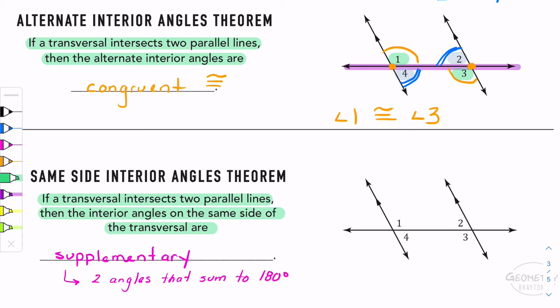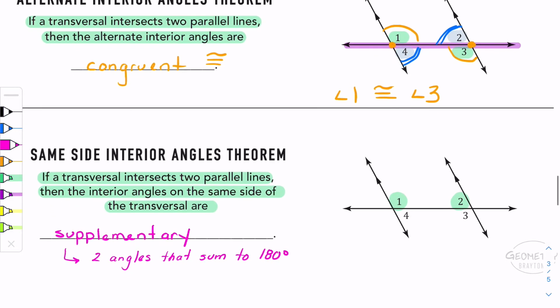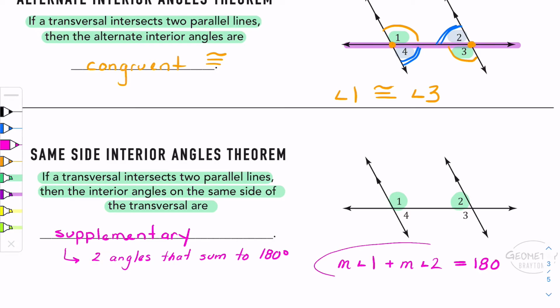Looking at our diagram, angle 1 and angle 2 are same side interior angles. So for this one, you could say that the measure of angle 1 plus the measure of angle 2 is equal to 180 degrees. They are called same side interior angles. This obviously requires a little bit more work because you will be adding two angles together and setting them equal to 180.